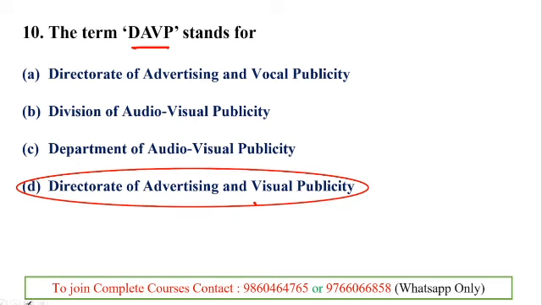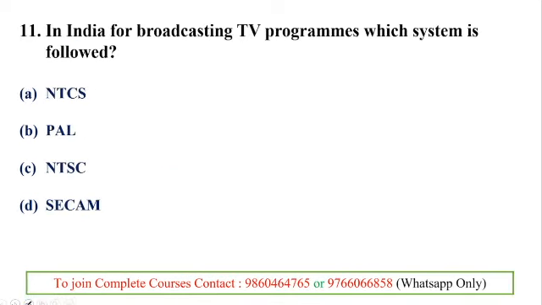Clear. Then the next one: in India, for broadcasting TV programs, which system is followed? So, we know that for broadcasting any television channel or television programs, there must be an institution related to that.